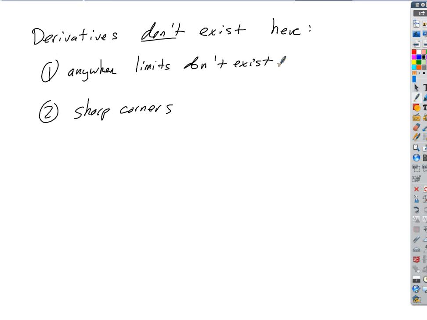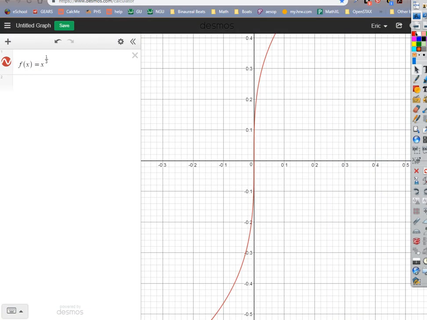So discontinuities. And 3, what would we call that last one? Well, it is a function. The f of x equals x to the 1/3 is defined everywhere.